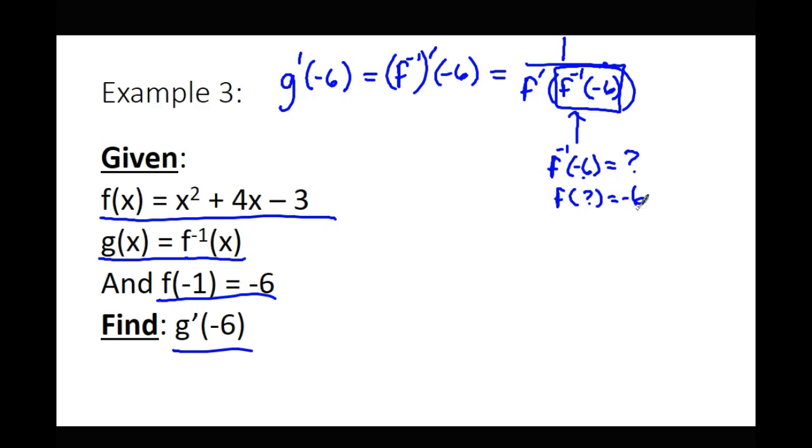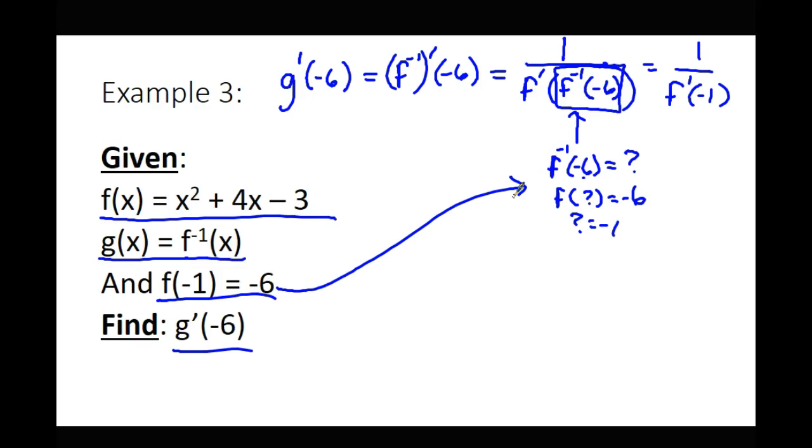And we know what f of blank equals -6 would be. It would be -1. So this piece up here equals -1. You guys good? You can draw a little arrow to here if you want.